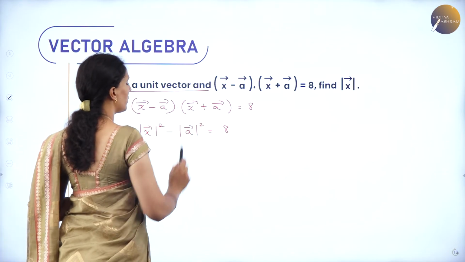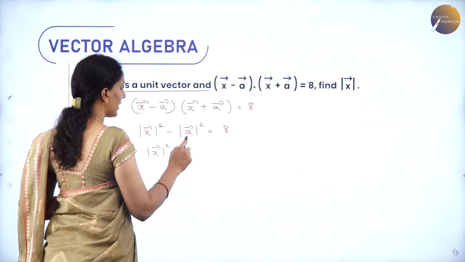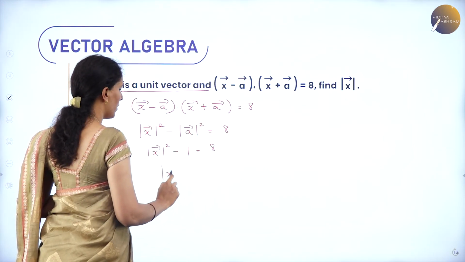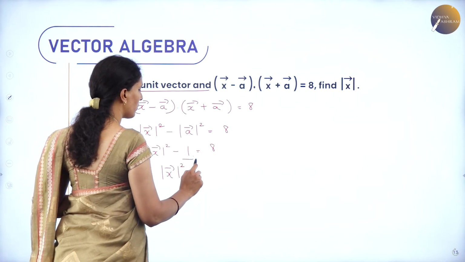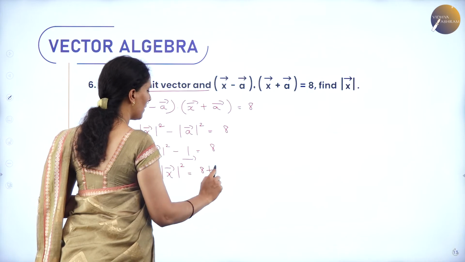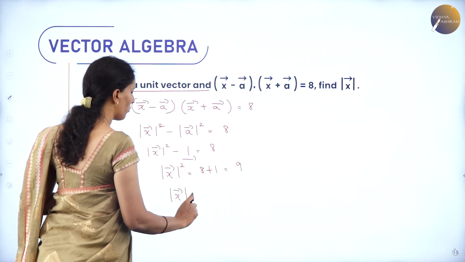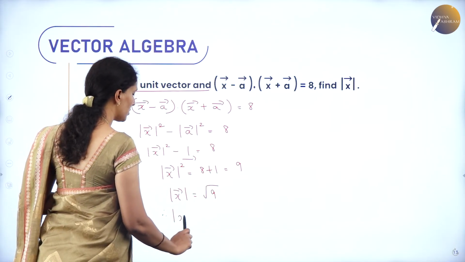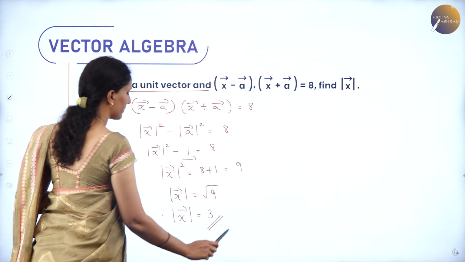Given vector A is a unit vector, so therefore the magnitude of vector A is 1. 1 square is 1, so magnitude of vector x square is equal to 8 plus 1, which is 9. Now if you want magnitude of vector x, it is root 9. So therefore take only the positive quantity, thus magnitude of vector x is 3.